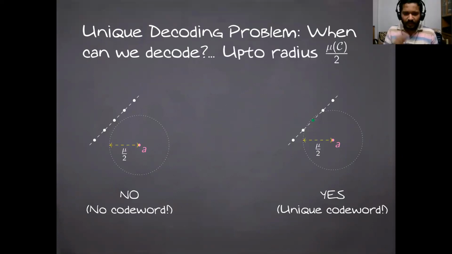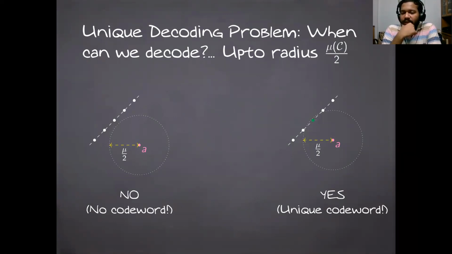So what's the correct value of the radius? When we take the radius to be half of the minimum distance of the code, the second case vanishes. We could take it less than half the minimum distance, but half the minimum distance is the maximum radius up to which the second case doesn't arise. So when you look at an open ball with respect to the Hamming metric with radius half of the minimum distance about the corrupted word, exactly one of two things could happen.